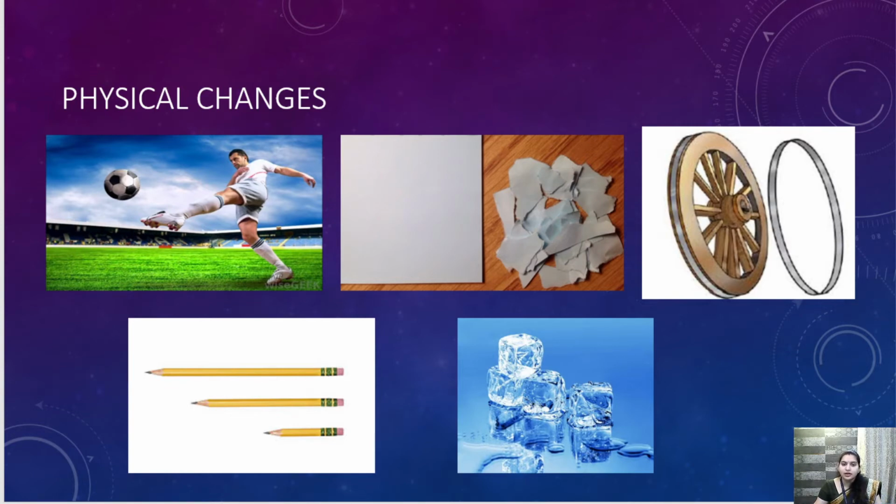So water will remain water, H2O will remain H2O. The state is changing, but the main molecule inside it remains the same. So this type of thing is called physical change. These are the examples of physical change.